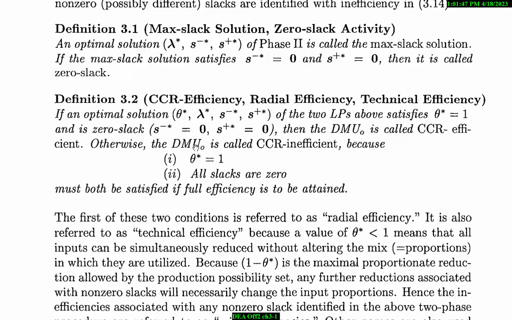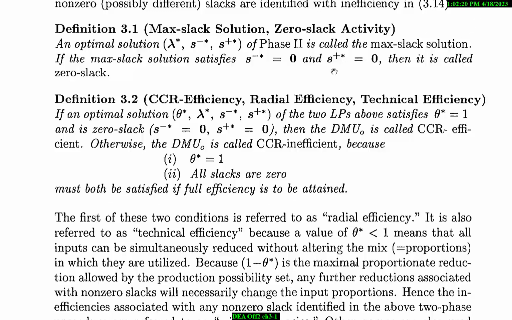Otherwise, the DMU is called CCR inefficient, because theta star equal to 1 and all slacks being 0 must both be satisfied if full efficiency is to be attained.